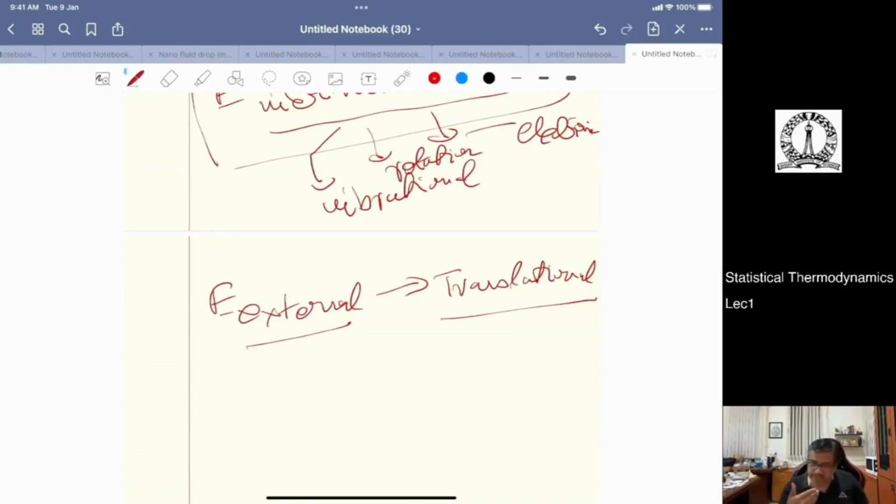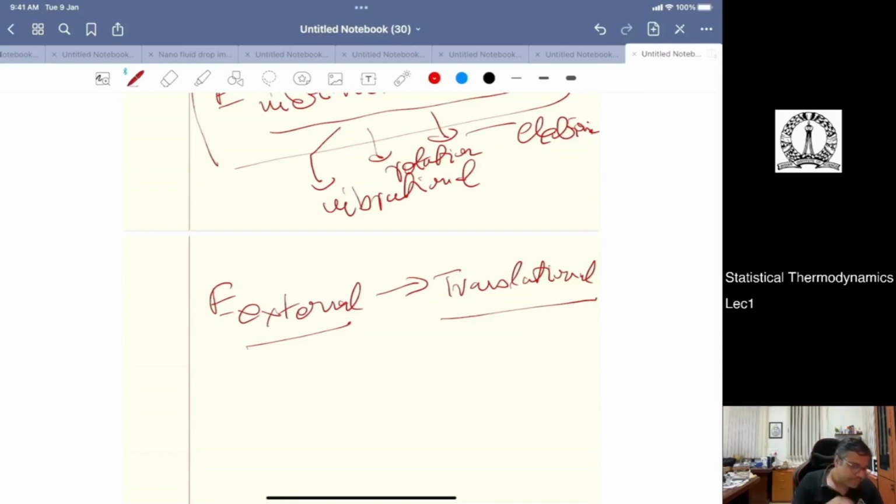That will lead us to the final macroscopic properties, which is what we learned in classical thermodynamics. So temperature, internal energy, entropy, these will be some of the properties that we can understand from these statistical methods.